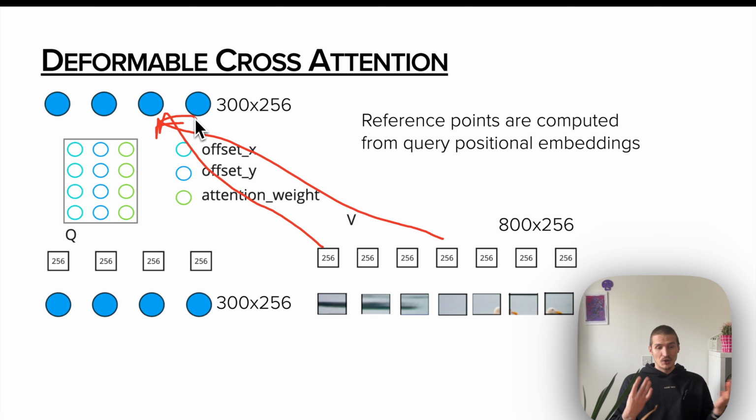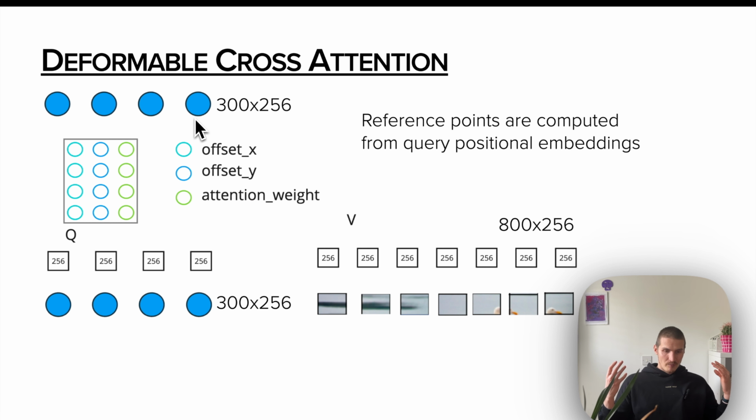As you can see, there's quite a lot going on there, quite a lot of changes. They might not look like a lot in code, but they change a lot conceptually, because now you have these extra reference points which basically indicate on which areas of the image this particular expert will focus. And we didn't have that in the normal DETR.